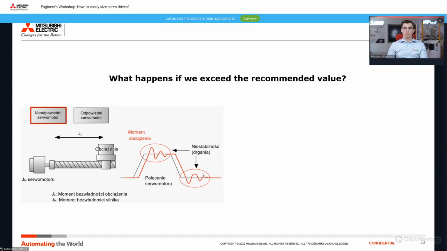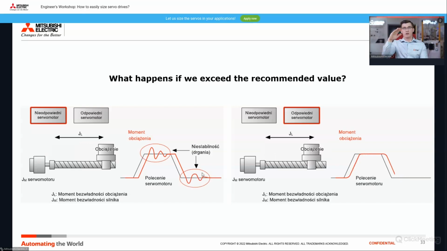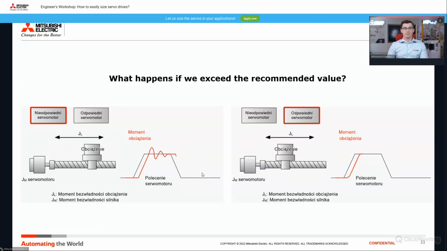But this is not how the servo drive should behave. Because of the bigger load, the too big inertia moment, we are not able to tune the servo in a proper way. And in the proper way, it will look like that.